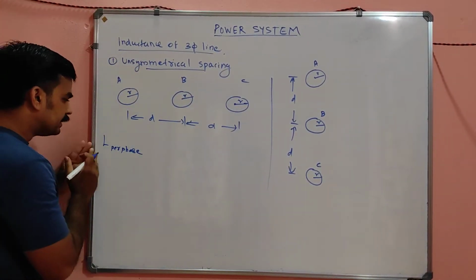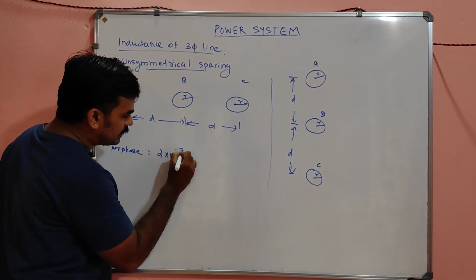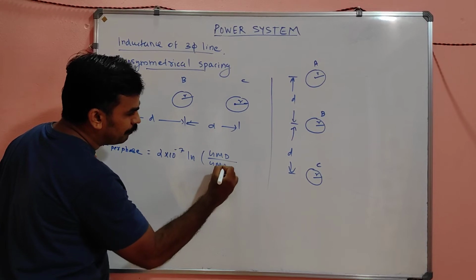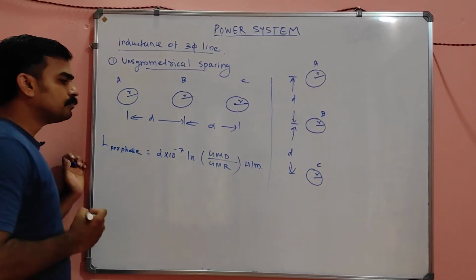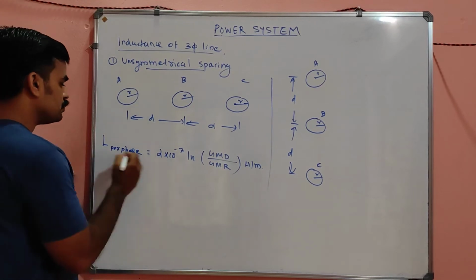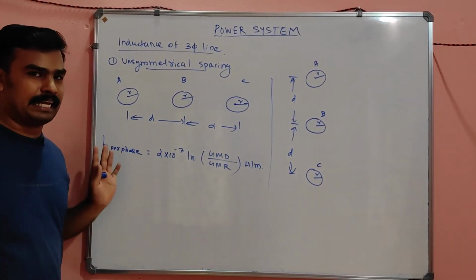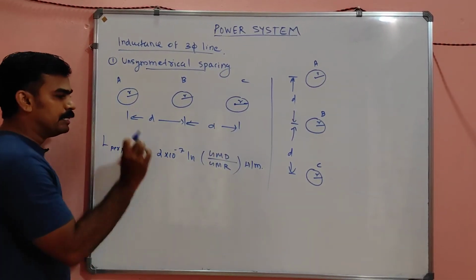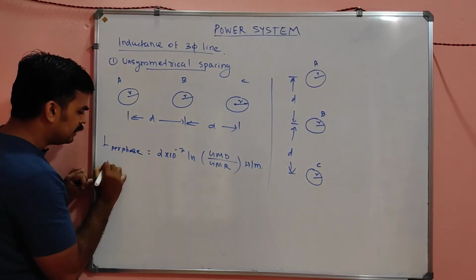So inductance per phase will be, again my dear, 2 into 10 raised to minus 7 ln GMD divided by GMR. That is the equation, Henry per meter. This is the equation for the unsymmetrical spaced three-phase line. I will tell you what is GMD.